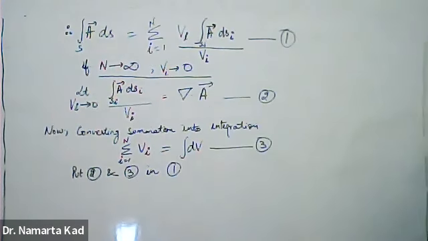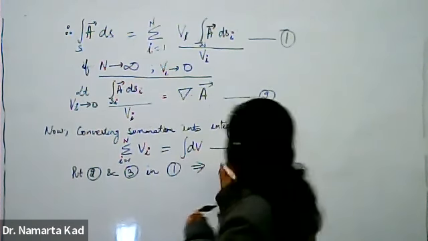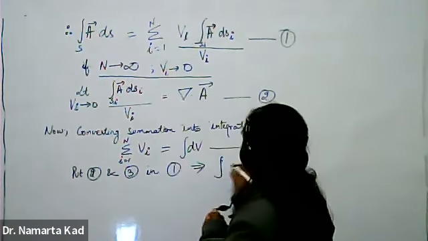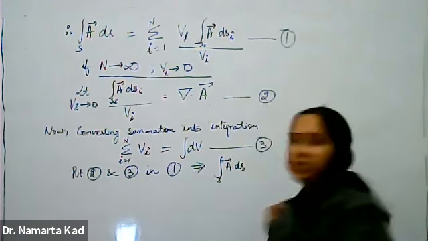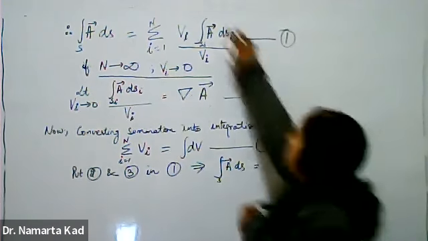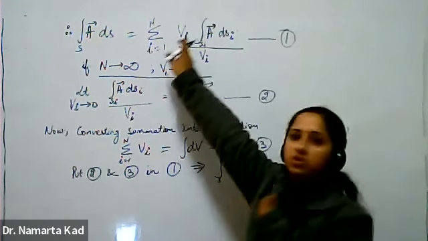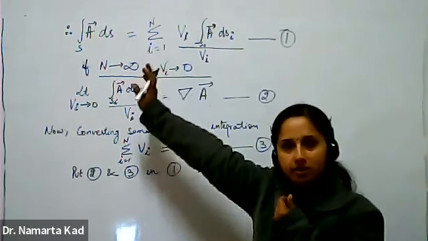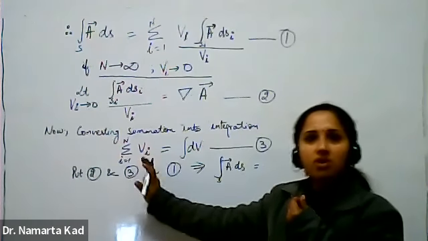So what we got here now is, on the left hand side, the surface integral of a vector, which is equal to, so this term represents your divergence and this represents your volume integral, because the summation is of the volume, and that summation of volume is converted into the volume integral.